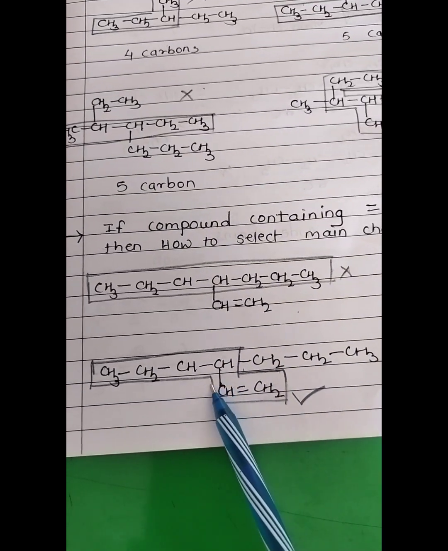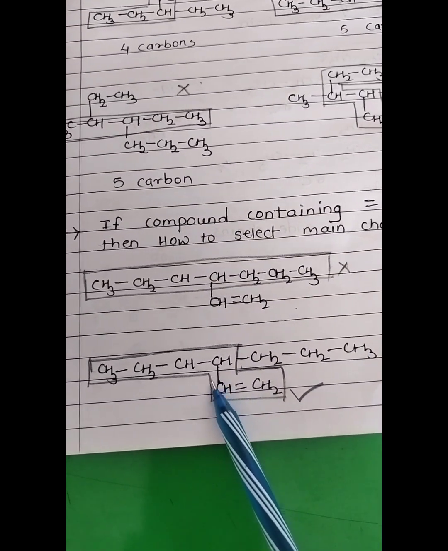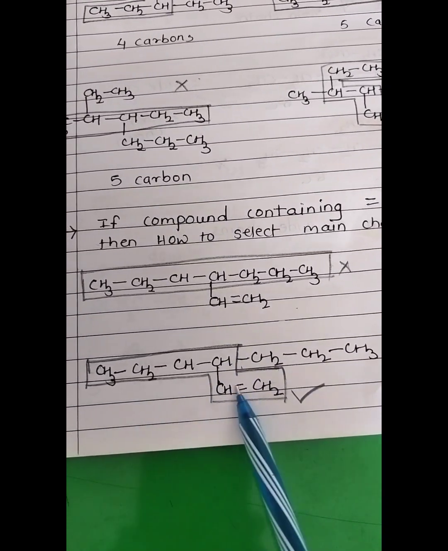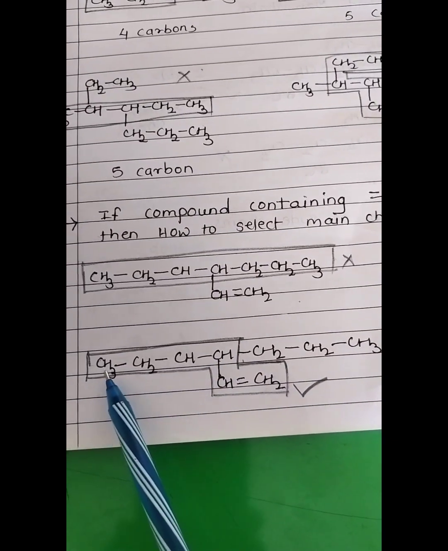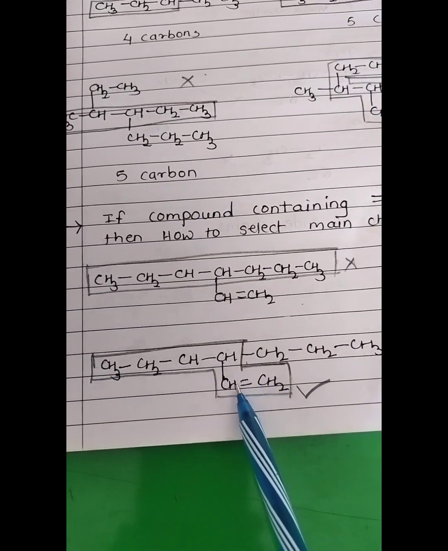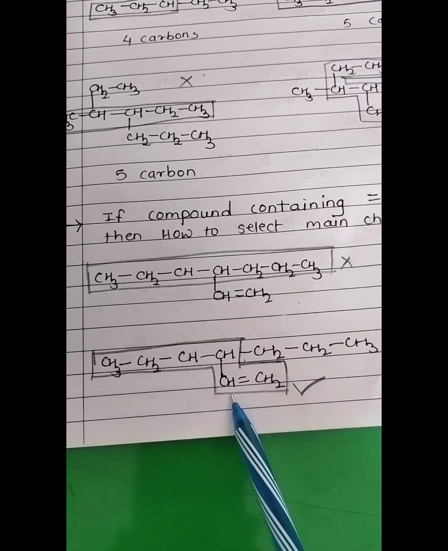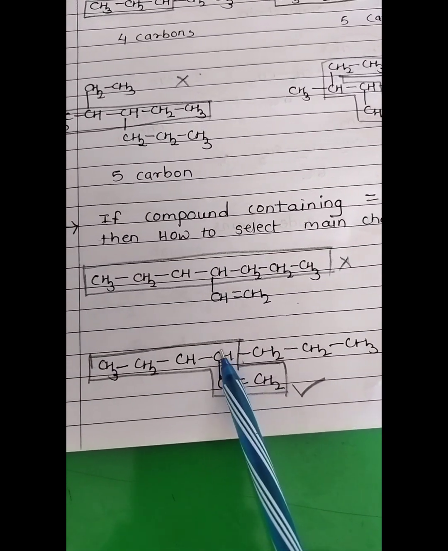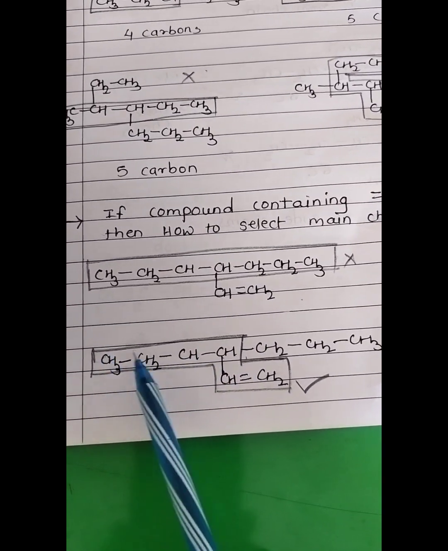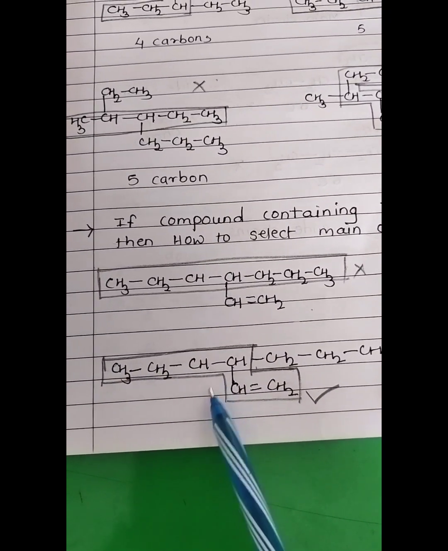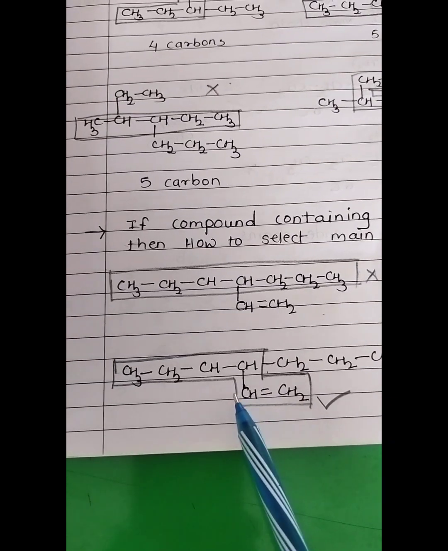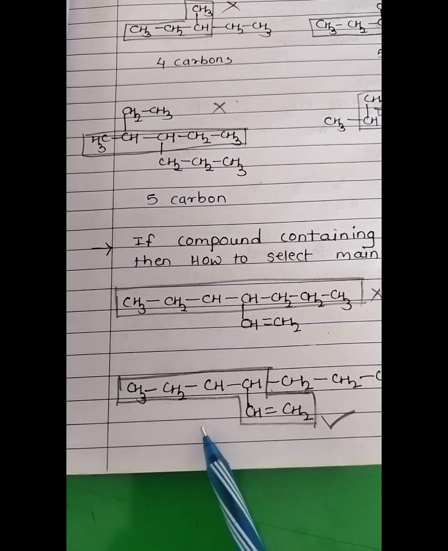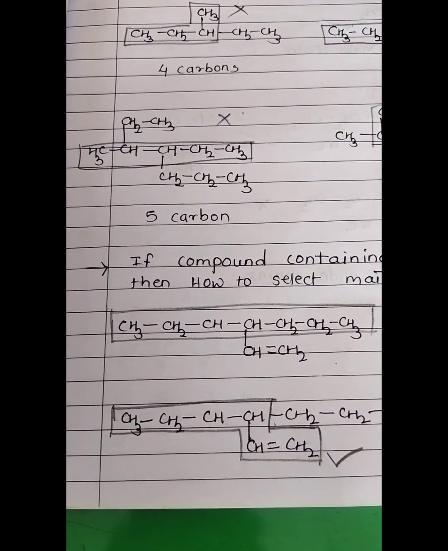If our main chain is selected, the presence of the double bond is also important. So if we select this way, this is the correct method, and in this way there are 1 2 3 4 5 6 carbons. So this is our correct way for selection of the main chain for a compound containing a carbon-carbon double bond.